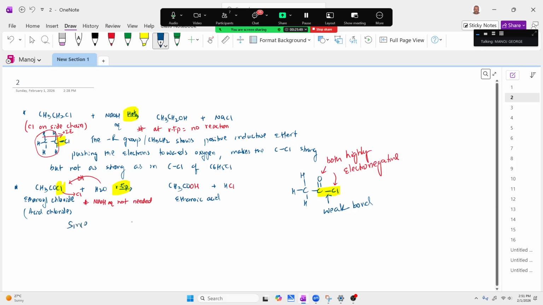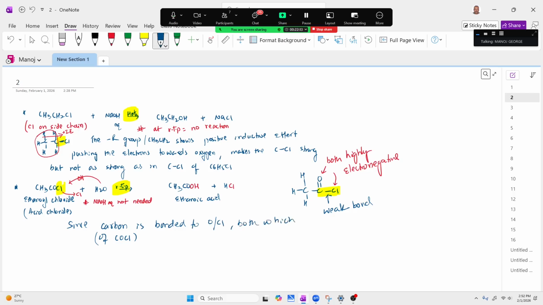Since the carbon of COCl is bonded to oxygen and Cl, both of which are highly electronegative, carbon is not exactly having too many electrons.